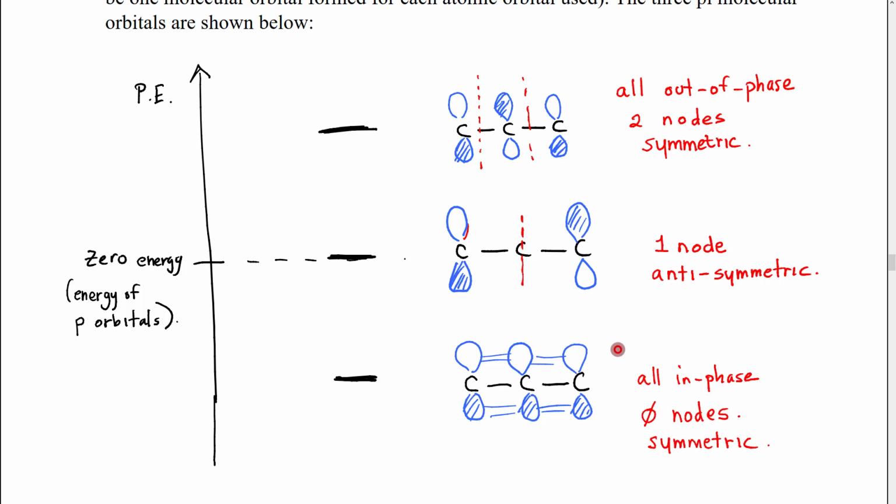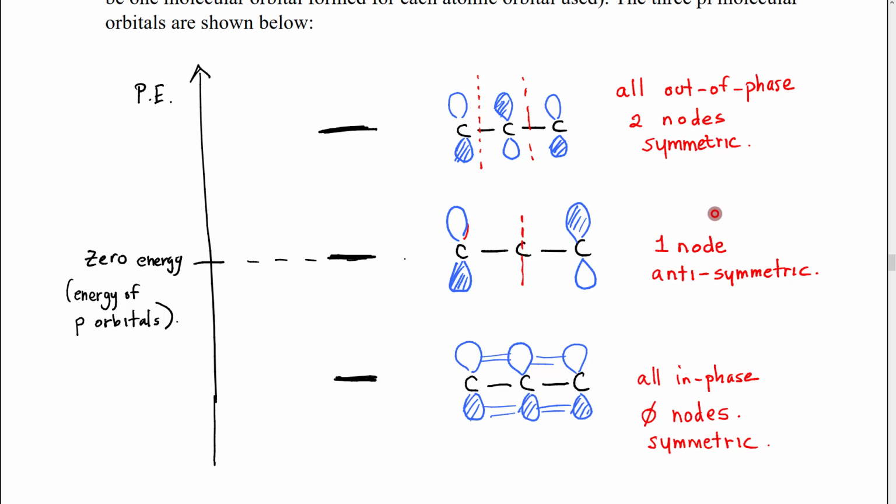Or they can be anti-symmetric. That's not asymmetric; asymmetry means you have no symmetry at all. Anti-symmetry means that you have a symmetry, but that the ends are opposite to each other. So a positive orbital here reflects across the middle of the molecule onto a negative orbital there.